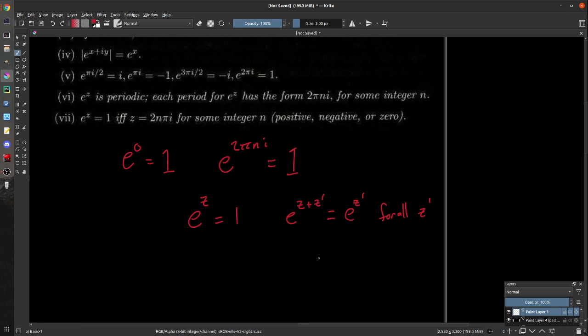Yeah, that seems reasonable, right? So we can use the fact that it's periodic and has a period of the form 2 pi n i to say that z prime must then be 2 pi n i. Does that make sense? This is basically the argument, so we can leave it there for right now.